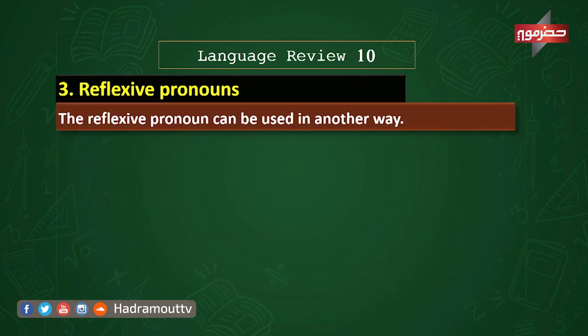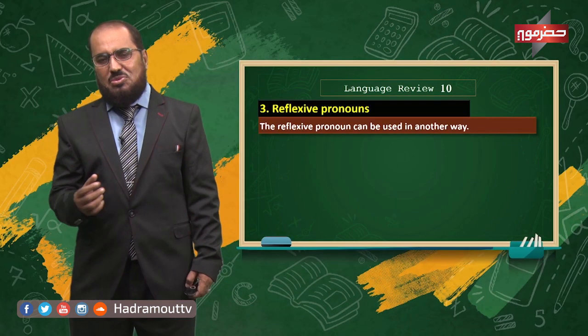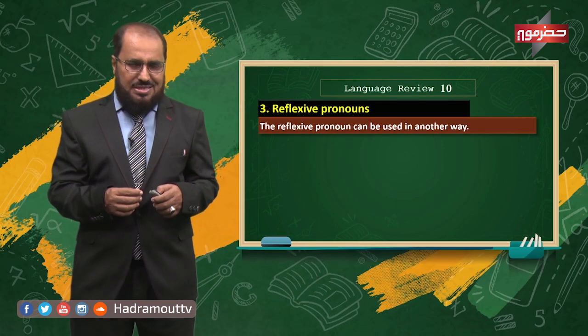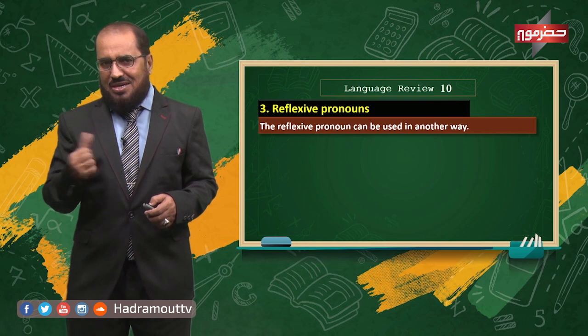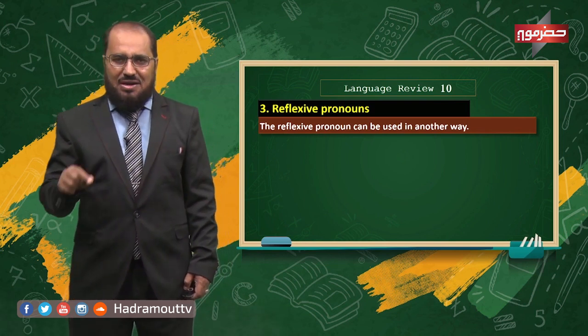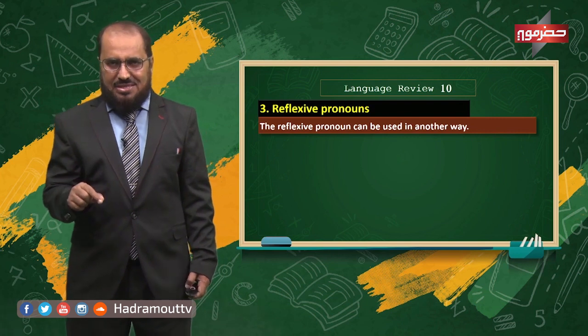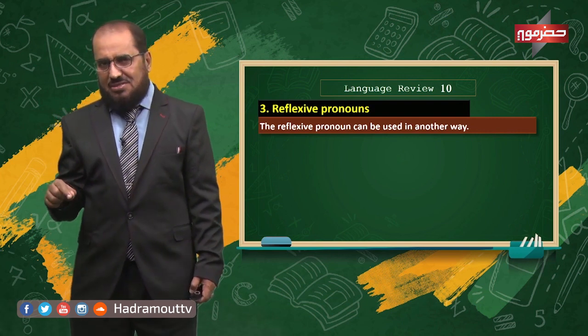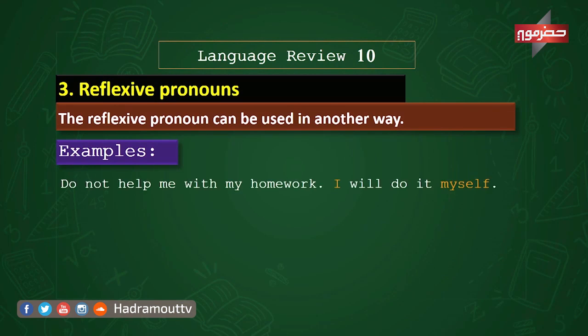The reflexive pronoun can be used in another way. It can also be used, not necessarily when the subject is the object, but in another way to emphasize what the subject does. For example, don't help me with my homework. I'll do it myself.